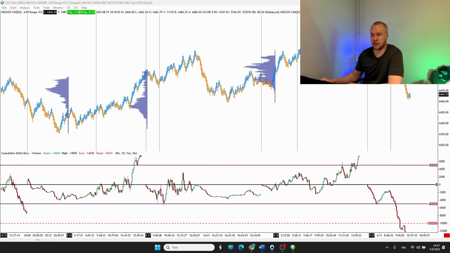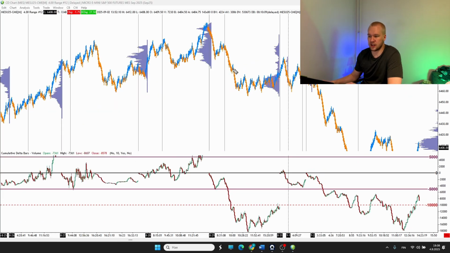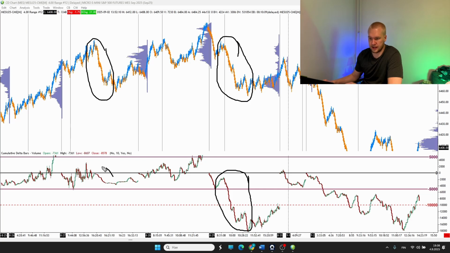And this should make you very cautious when you're in that trade, because if we look at another example, just here on the right, now we're looking at this part here, right? And this delta.